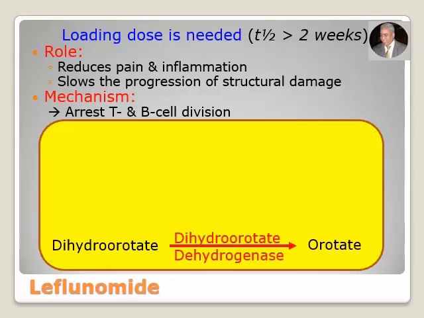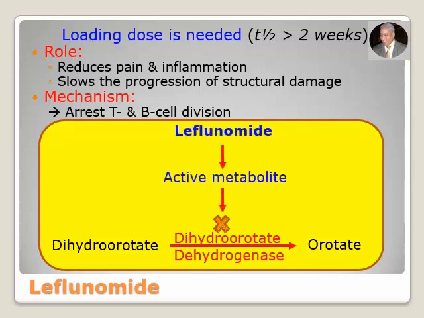Inside the cells, there is a substrate named dihydroorotate, which is converted into orotate by the enzyme dihydroorotate dehydrogenase. Leflunomide is a prodrug.